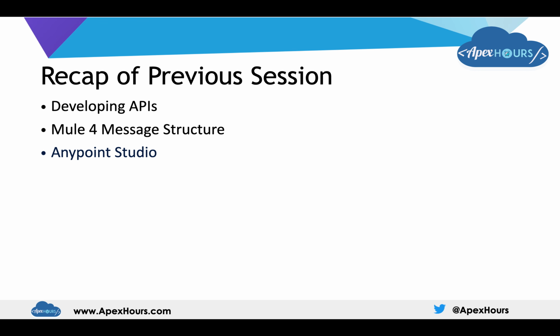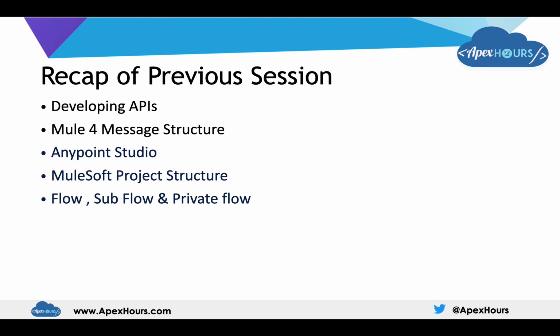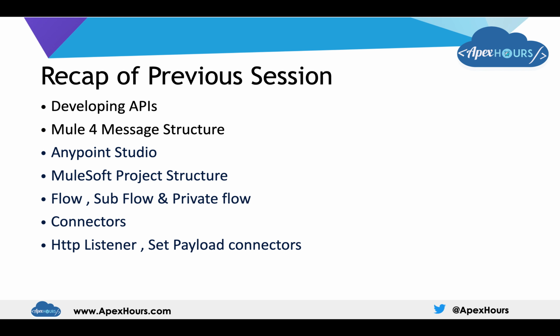We have seen how to download Anypoint Studio, and I explained the project structure, and we discussed the main flow, subflow and private flow. I told you what connectors are, and we discussed the listener and the transform message connector. We built a simple RESTful API and I deployed it in CloudHub, and I am expecting you to do the same and comment your URL in the comment section.